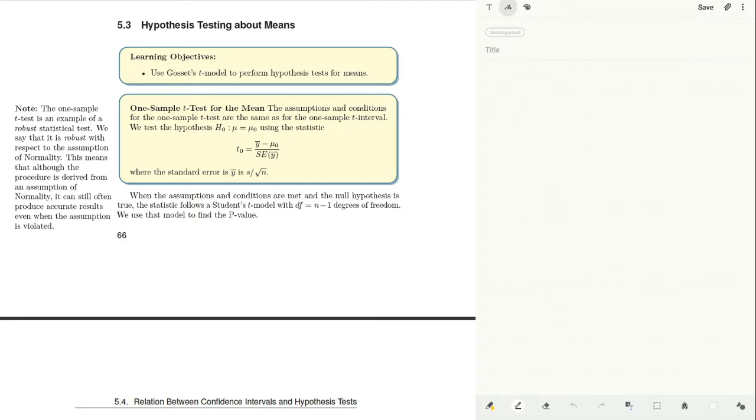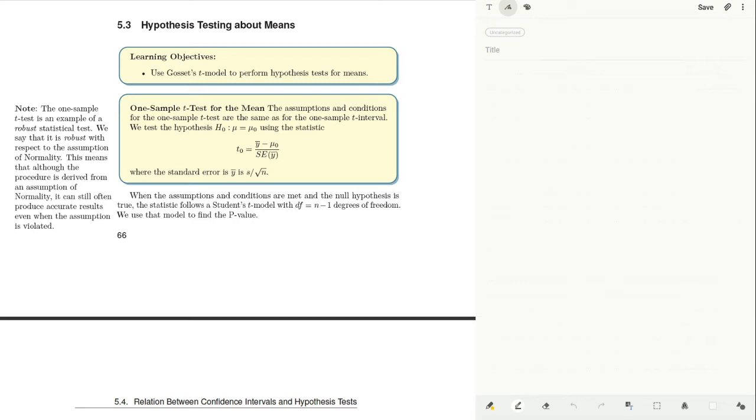In this video we're going to talk about the one sample t-test, which is used to test hypotheses about a population mean. Now the assumptions and conditions for the one sample t-test are the same as the one sample t-interval. Recall that we have the independence assumption, which is checked with the randomization condition, and we also have the normal population assumption, which is checked with the nearly normal condition.